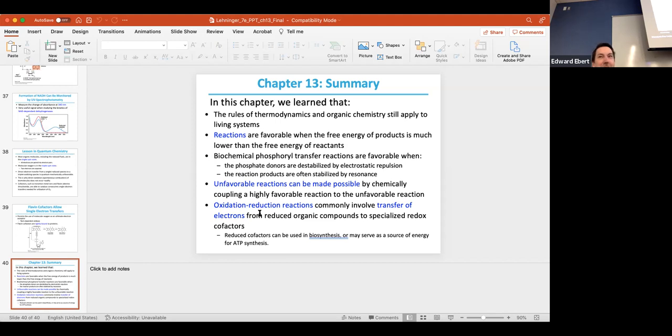Questions about any of this so far? Right. Chapter 13, we're going to jump to chapter 19, and then back to 14, 15, 16, 17, 18. So really, chapter 13 through chapter 19 are all talking about producing energy for the cell.